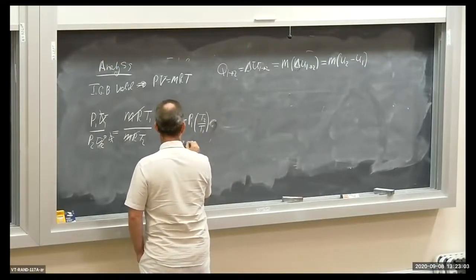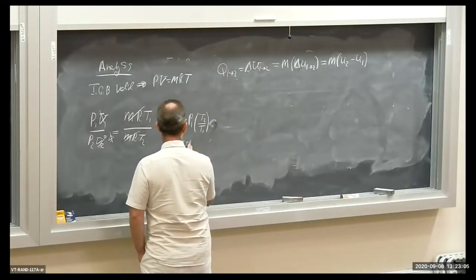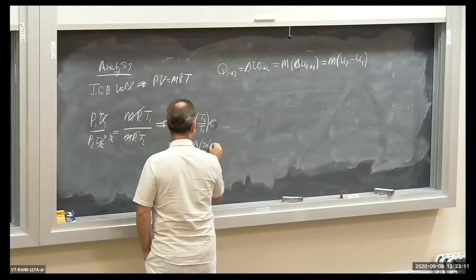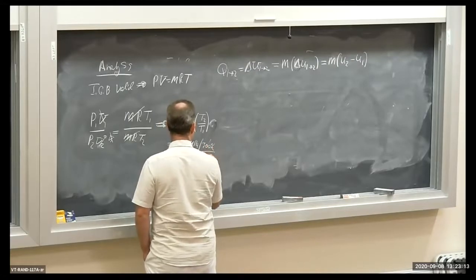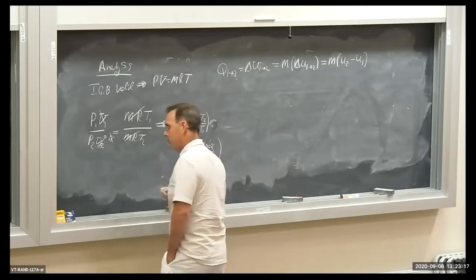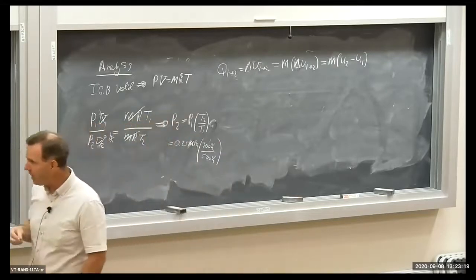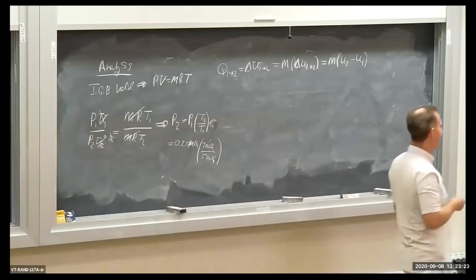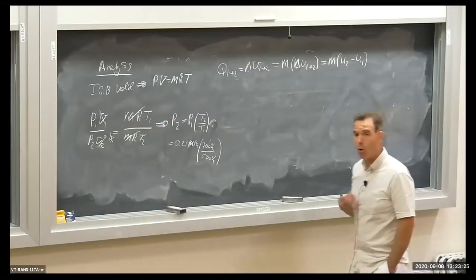P1 equals 0.25 megapascals. T2 is 300 Kelvin, and T1 is 500 Kelvin. Remember, you've got to put temperatures in Kelvin. Whenever you're using the ideal gas law, temperature is absolute, so it has to be in Kelvin or Rankine.